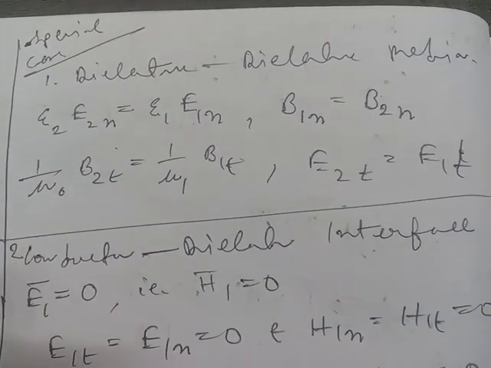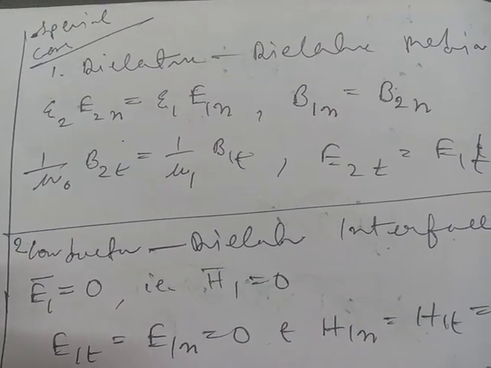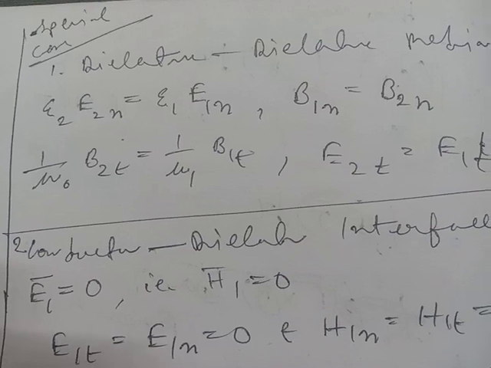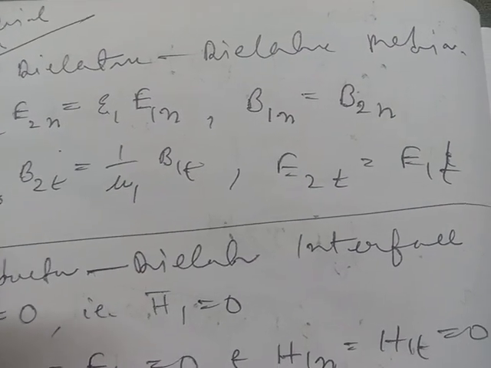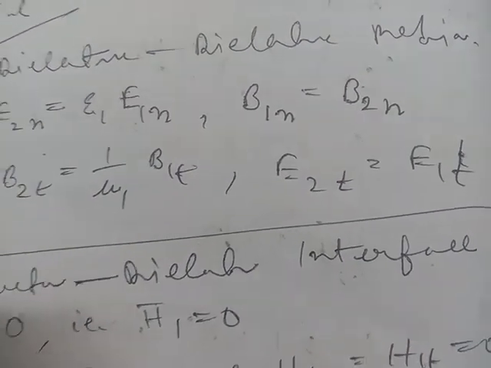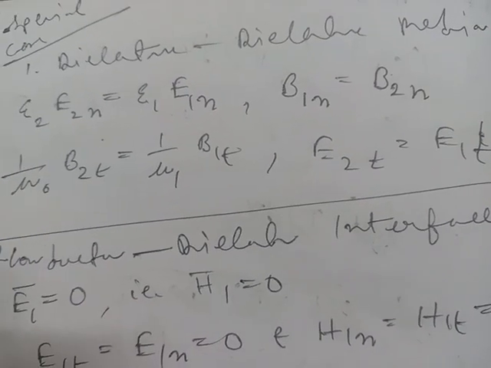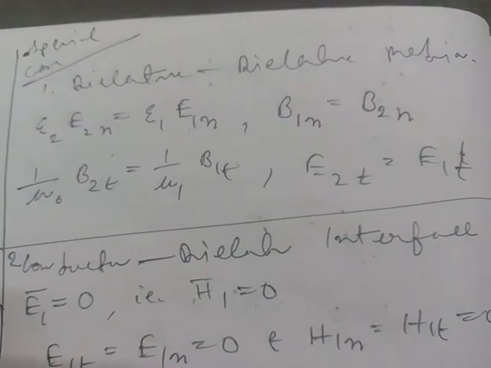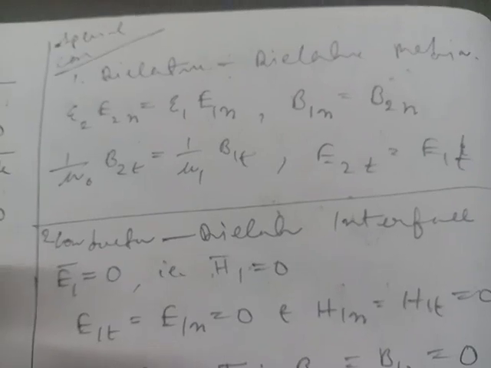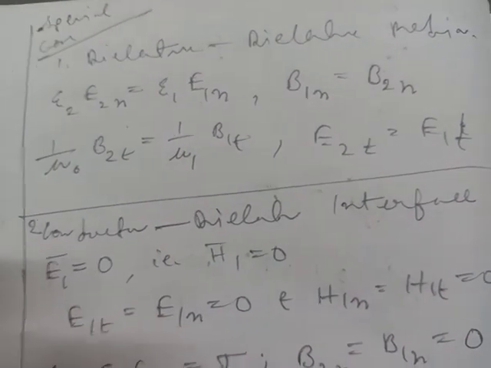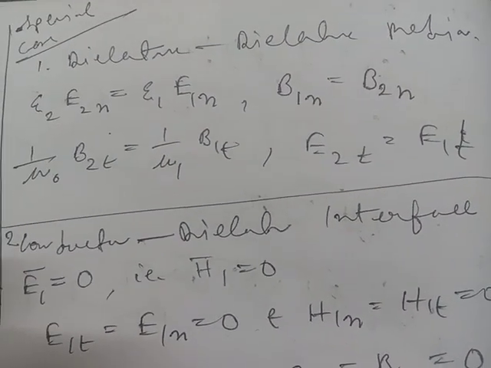So in dielectric media, the tangential component of the magnetic field is also constant, and the tangential component of the electric field is also constant. That was already constant in the previous case. So we see that in dielectric media, everything is conserved. There is no change because there is no surface charge or surface current.